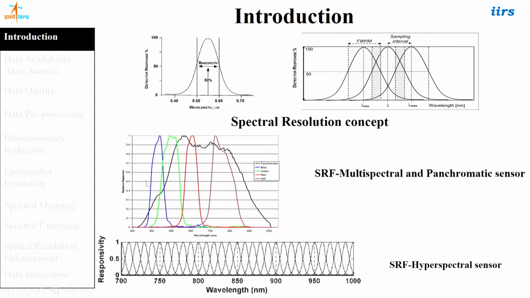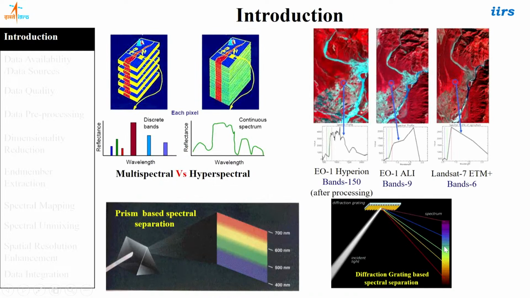But if you see multispectral, you have for blue separately, green separately, red, and near infrared. So there are gaps in between also, but in this case you will have continuous data, so you will get continuous spectral information. So the detail of spectral reflectance curve are better in case of hyperspectral sensor.